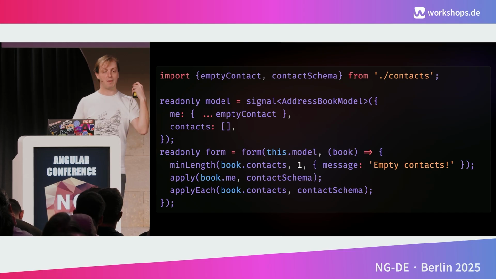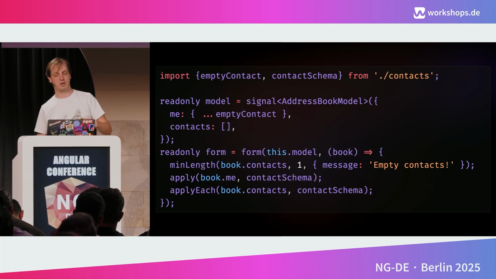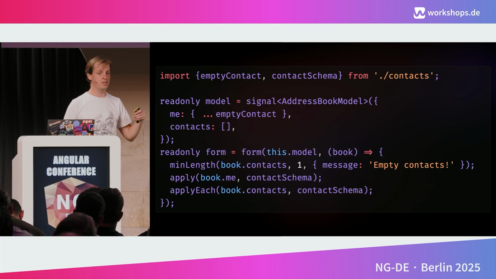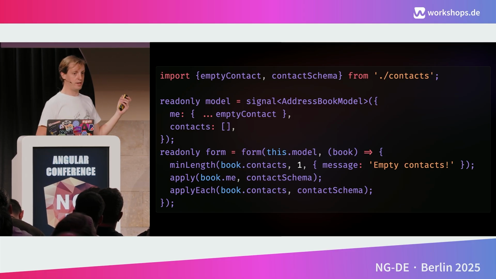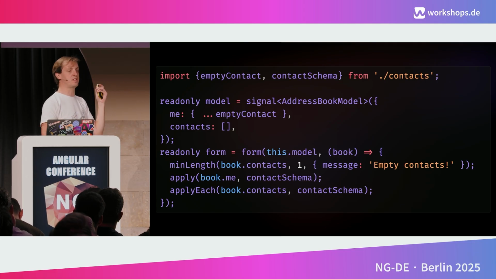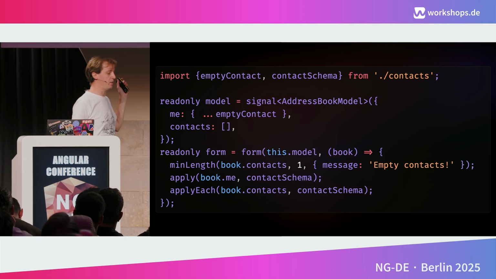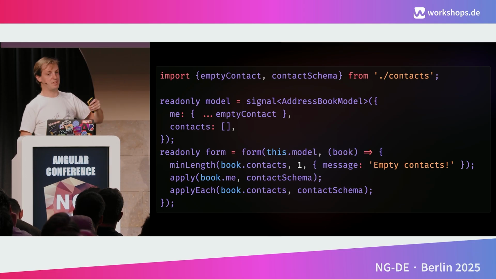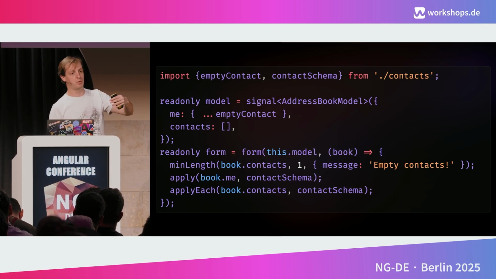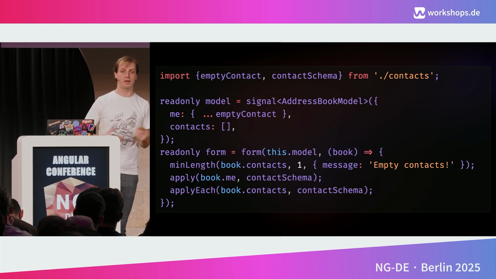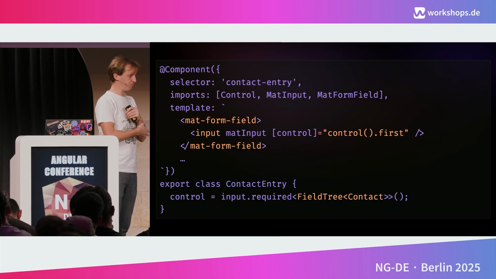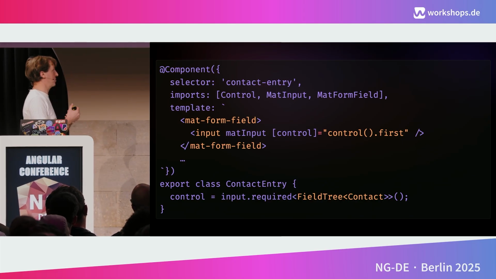And if you want to apply that to every element of an array, for example, here, my contacts, I just need to use applyEach. On the path that represents the list of contacts, I just say applyEach, the contacts, and I pass it the schema. So a single function can be used to validate both single elements and an array of elements. And this is the part of our composition.